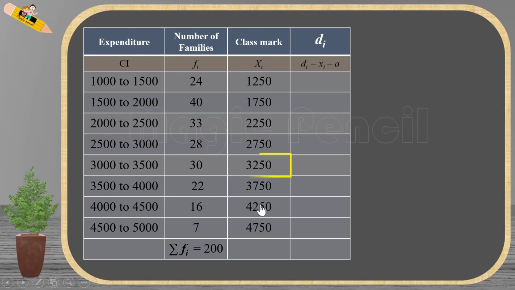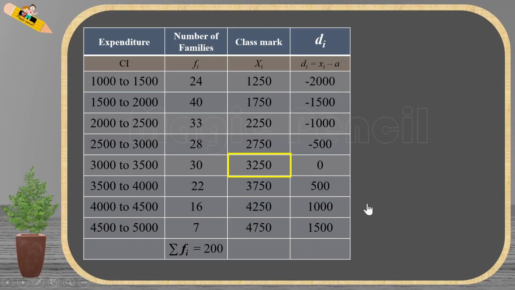So we are selecting 3250 as our assumed mean for this problem. When you subtract 1250 minus 3250, you will get these answers. So 1750 minus 3250, you will get minus 1500. Like that, if you subtract 3250 from all these values, you will get di values.